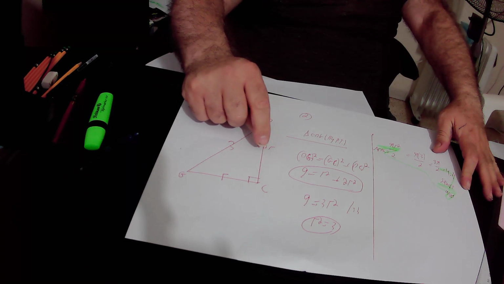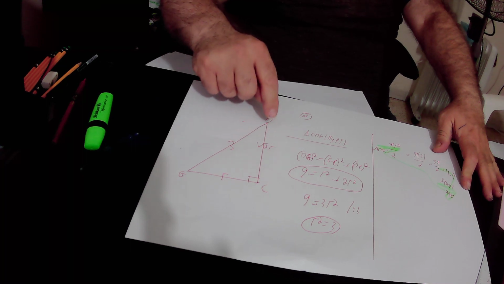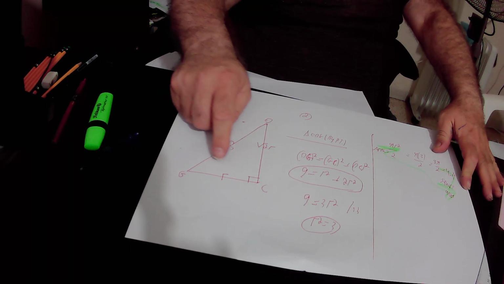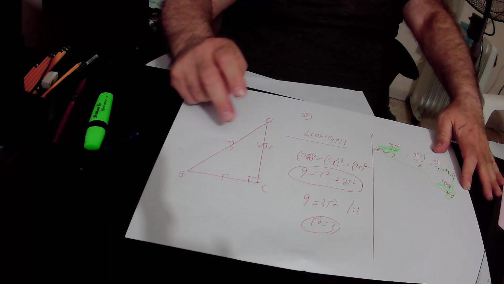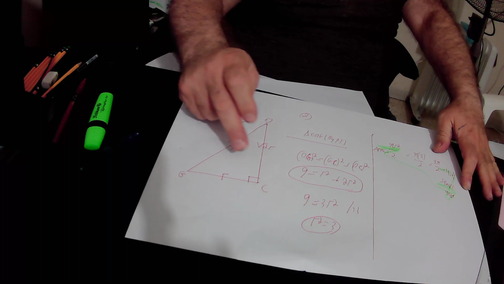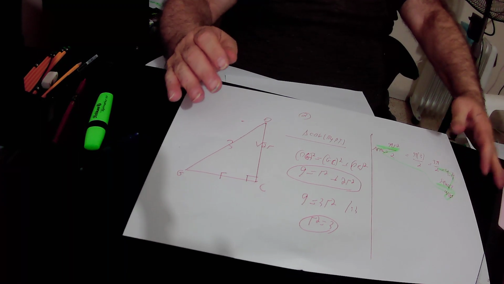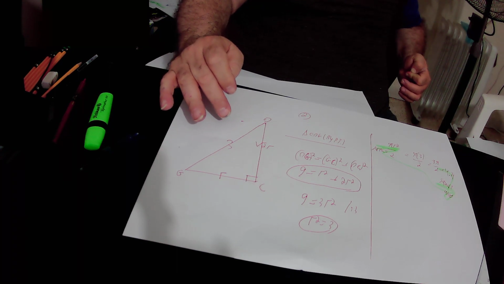OC is the diagonal of the square that is square root of 2 times r, and we already found out that GC is the radius of the semicircle. And angle OCG equals 90 degrees according to rule number 4.